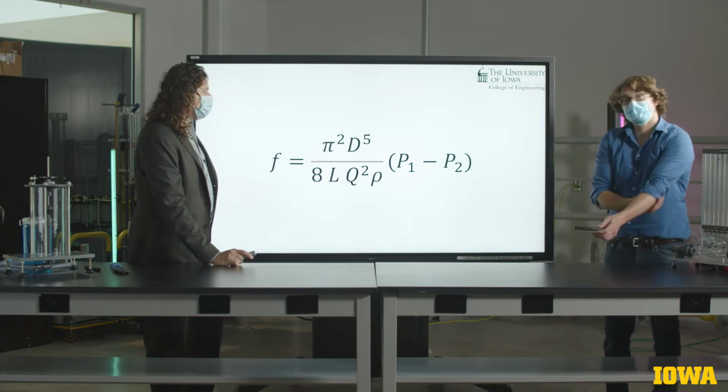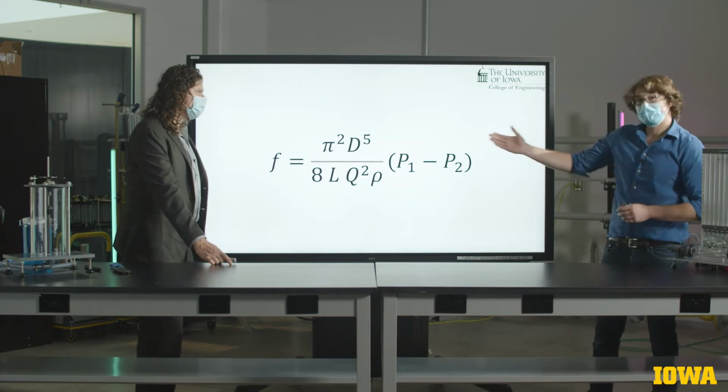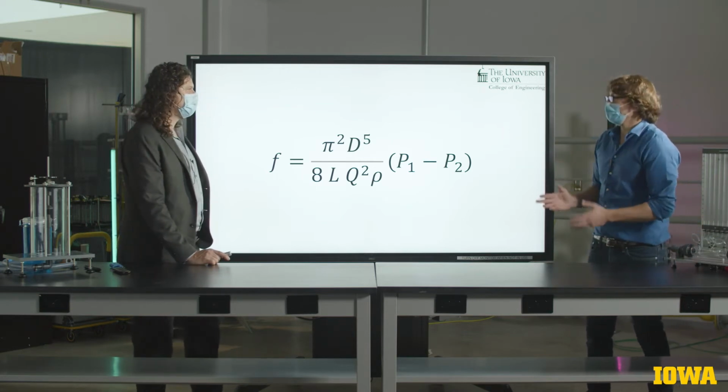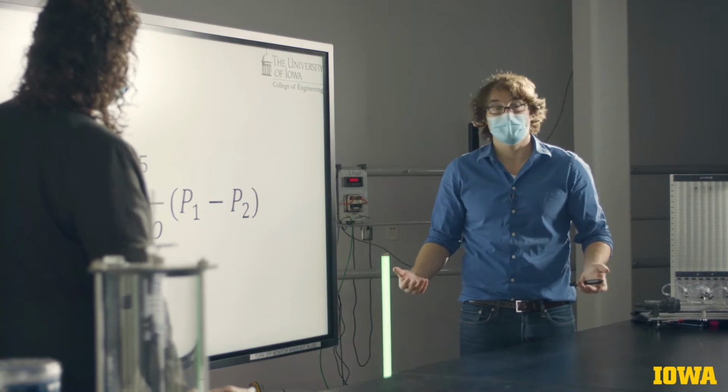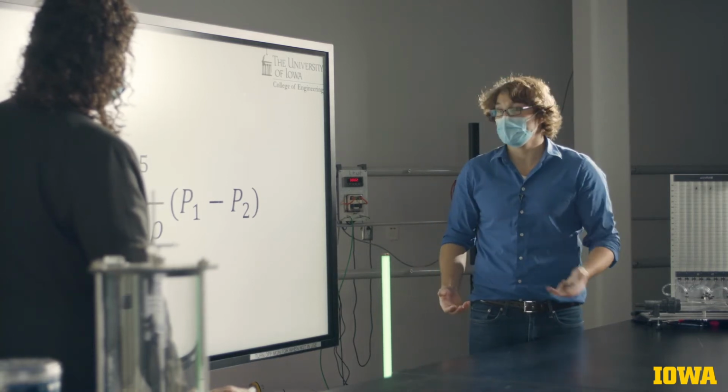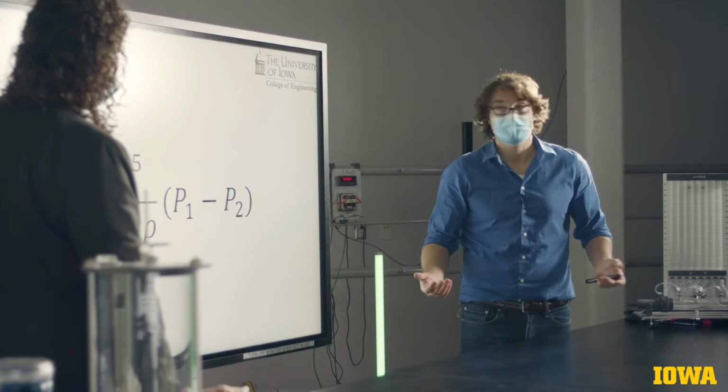That's right, and it's worth noting that this friction factor is a dimensionless quantity, meaning it has no dimensions or units attached to it. This is one of the things that makes it so powerful in the dimensional analysis.